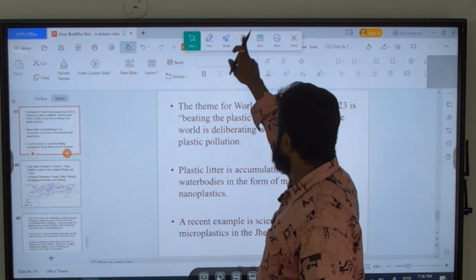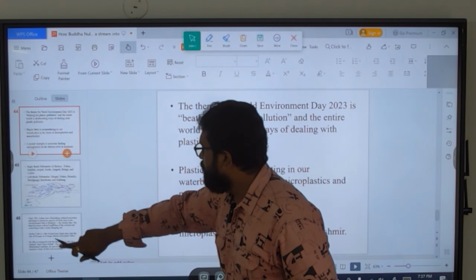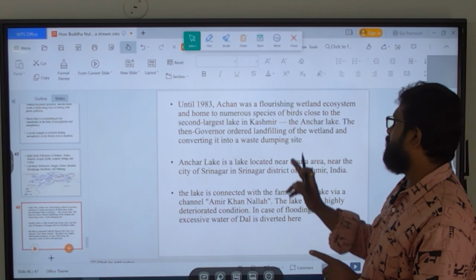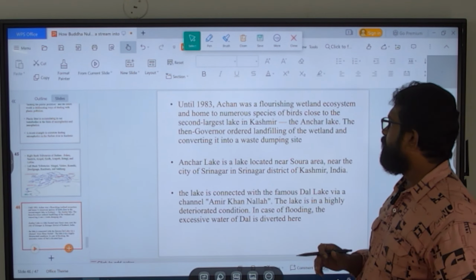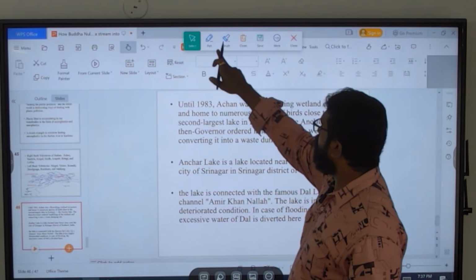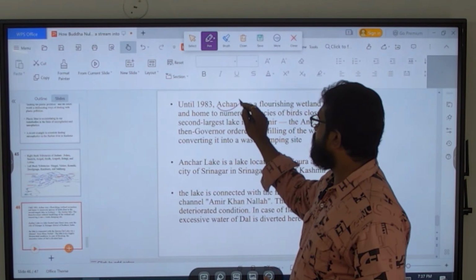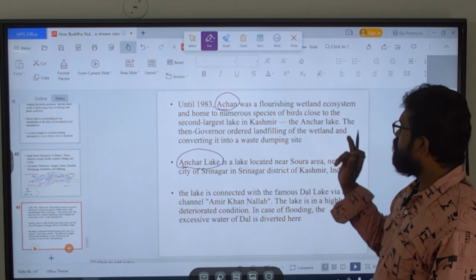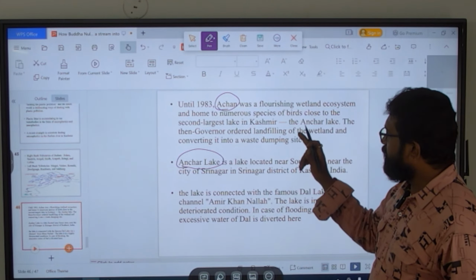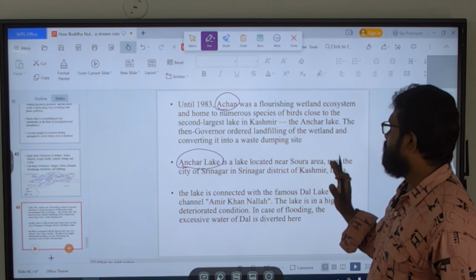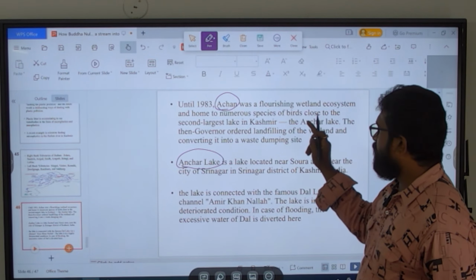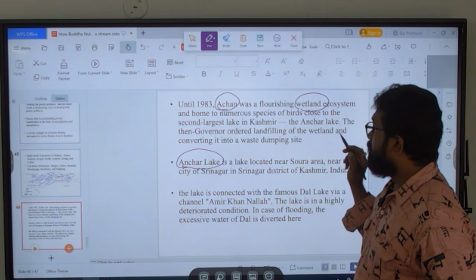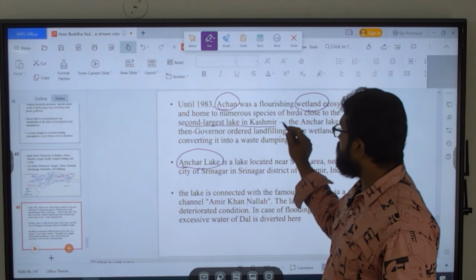Now the next one: there is a lake in Kashmir called Achan Lake or Anchar Lake, both are the same. Until 1983, this Anchar Lake, a wetland ecosystem, was the second largest lake in Kashmir.